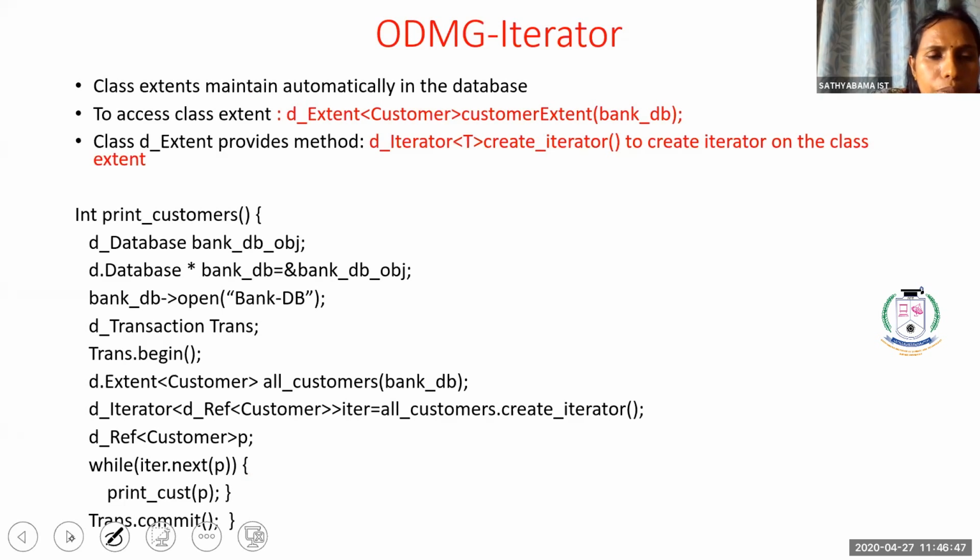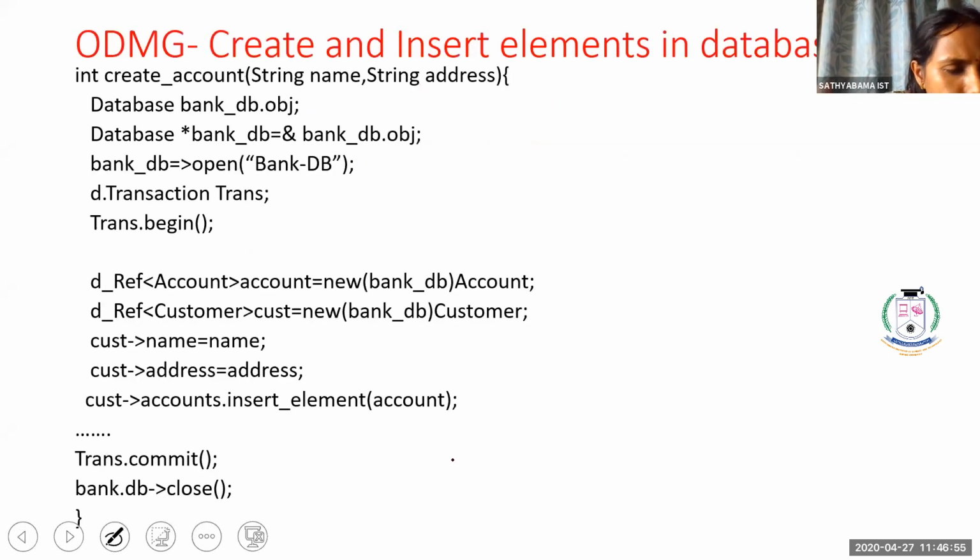See, actually, while you are presenting for the exam, if you complete up to this point, it is fine for giving answers from the exam point of view. So what is the exam point of view? You may be asked to explain the object-oriented data model.